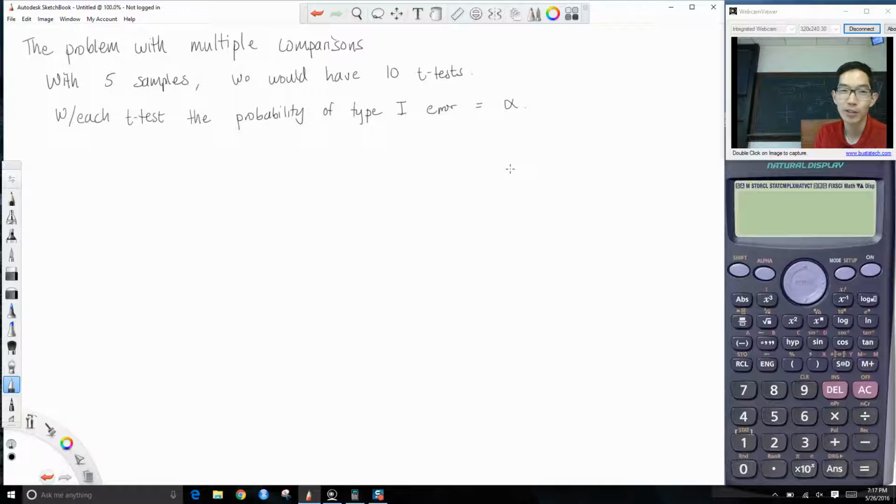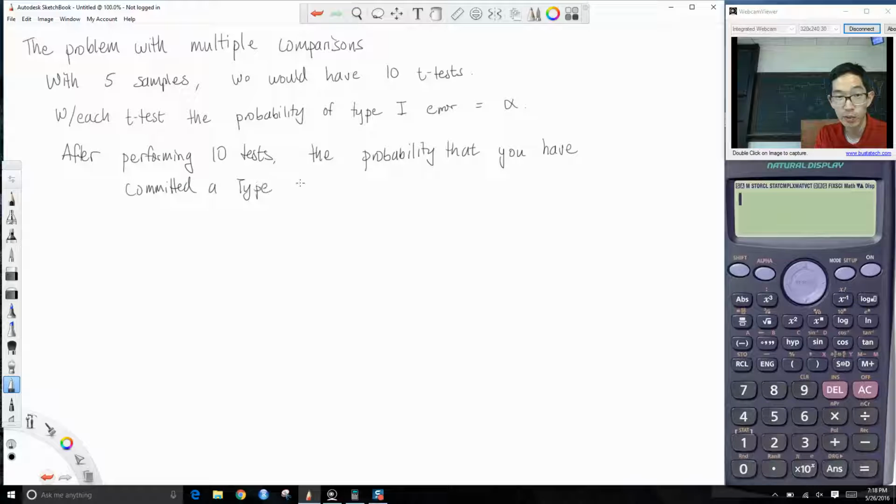The probability of type 1 error for each test is equal to alpha, but after performing 10 tests, the probability that you have committed a type 1 error is much higher.